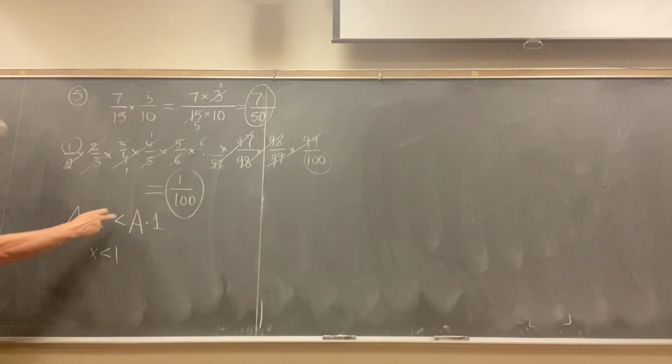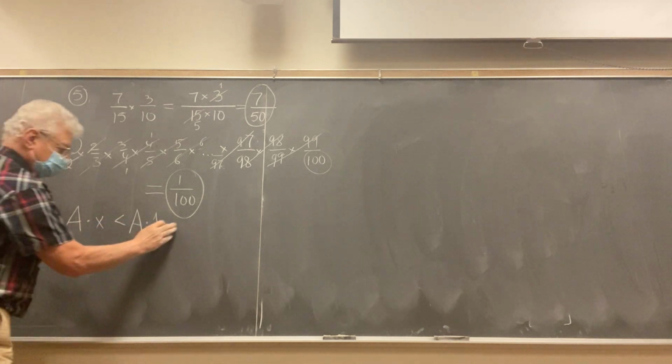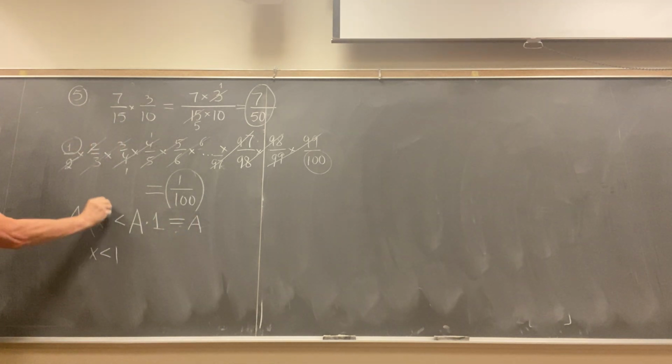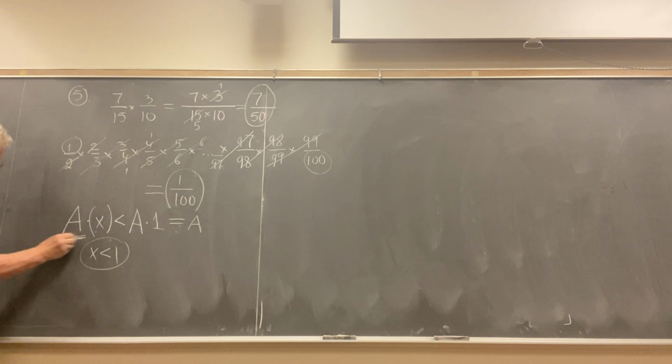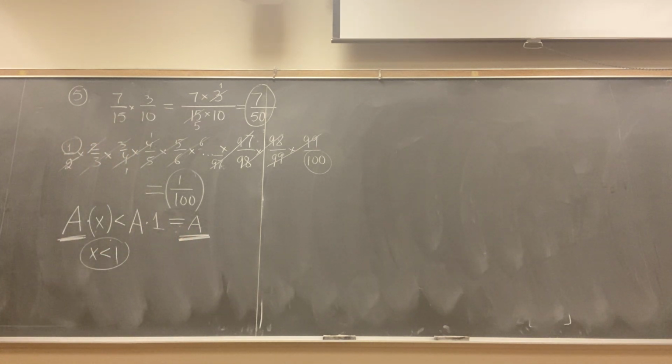If I increase x up to 1, I get bigger number. But what is a times 1? A times 1 is exactly a. So we get the following. If I multiply by a number smaller than 1, any number, I get in the answer the number, okay, so the product will be less than my initial number.